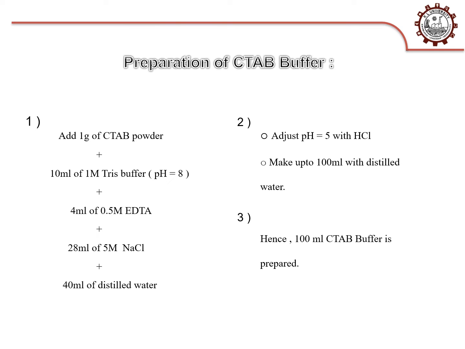By mixing all this, we have to adjust the pH to 5 by adding HCl. After making the pH 5, we have to make the solution up to 100 ml with distilled water. Hence, 100 ml of CTAB buffer is prepared.